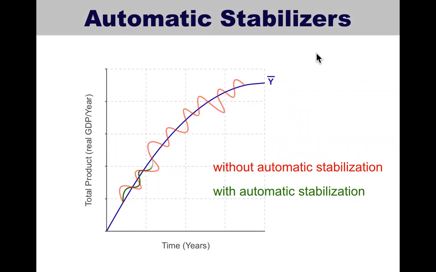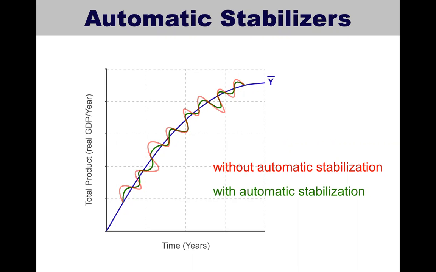When we have automatic stabilizers in the economy, we can see that the economy does not have as big expansions and contractions. So the business cycle is essentially more narrow. Rather than having great big booms and really terrible busts, the booms and busts are essentially very shallow in nature.